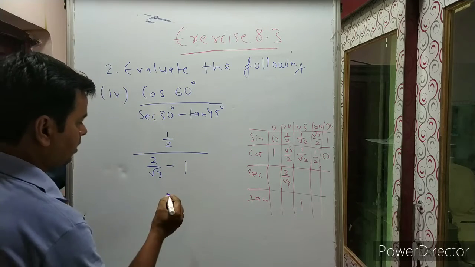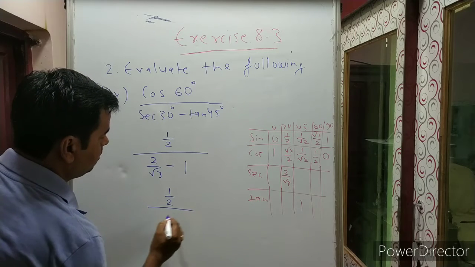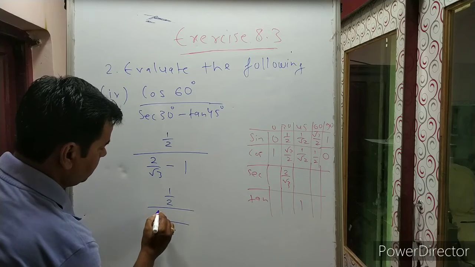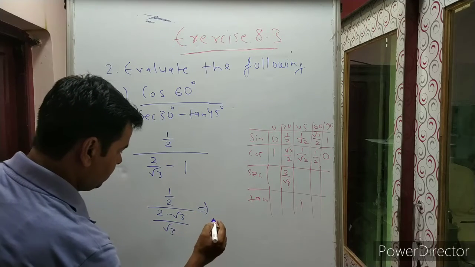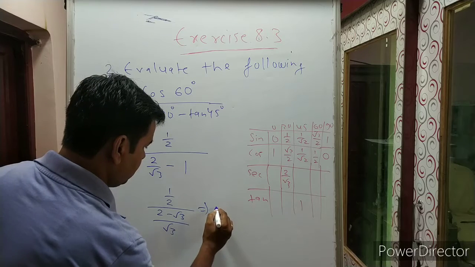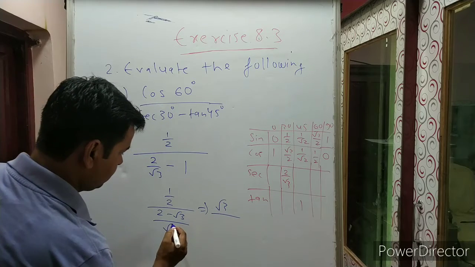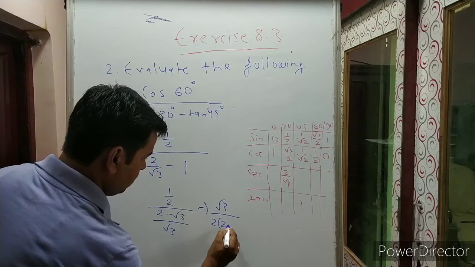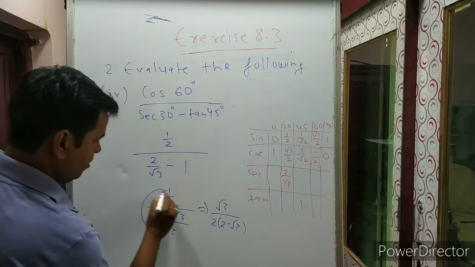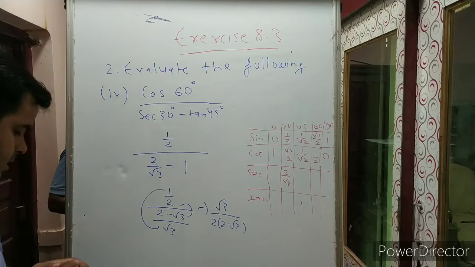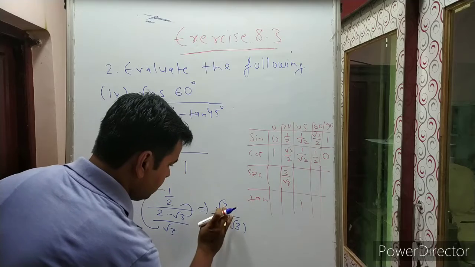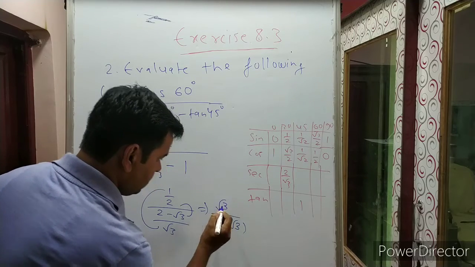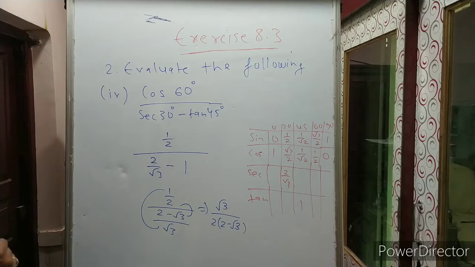So if we solve this, 1 upon 2 minus root 3, this comes to root 3 upon 2 minus root 3, because this will multiply with this, multiply with this. So can we solve more this? Not required. Okay, so this will be the answer.